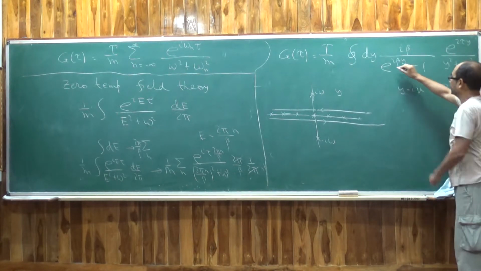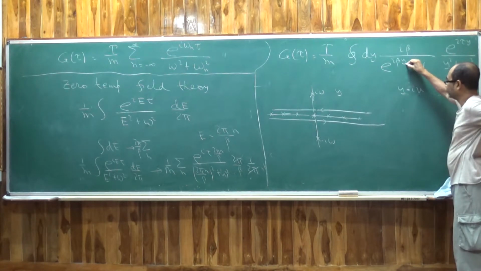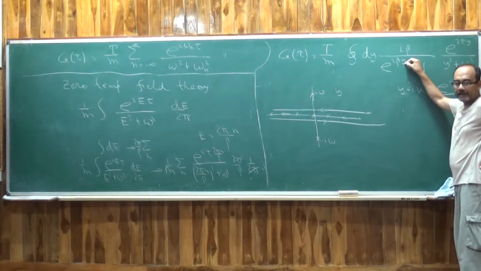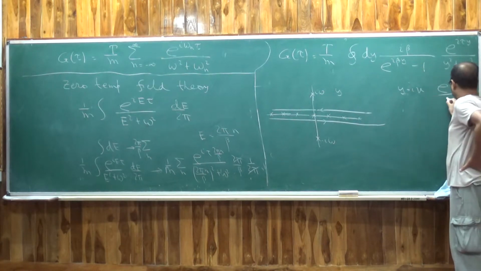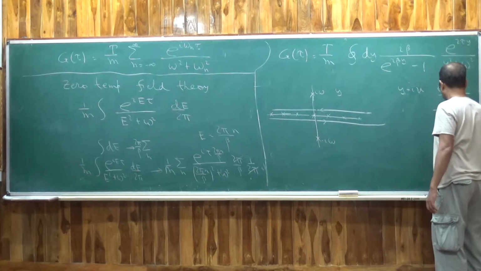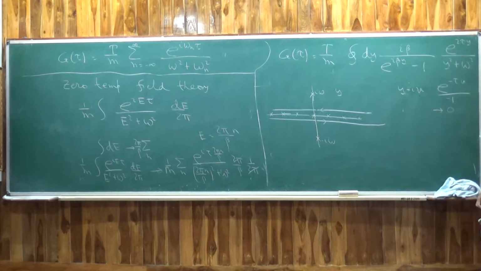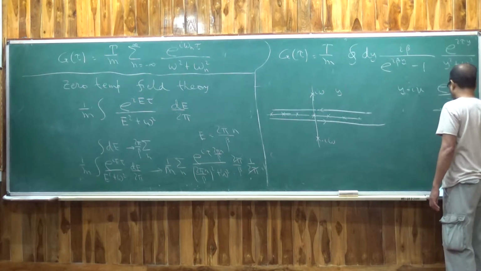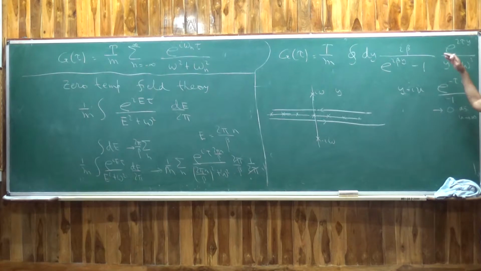And e to the i beta y becomes e to the minus beta u, which goes to 0 as u goes to infinity, so the denominator is minus 1. So this is going to 0 as u goes to infinity. So y equal to i infinity is not a problem.